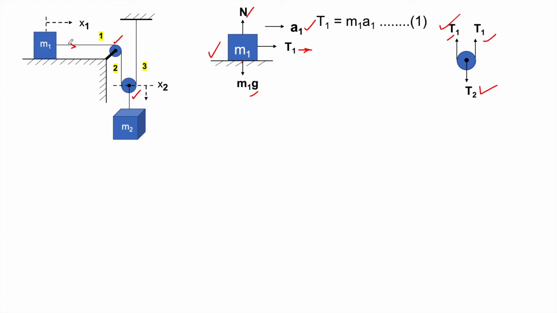Now as you can see, if the tension force is T1 on block of mass m1, then the tension across the ends of the rope is the same because the rope is massless. So tension across the fixed pulley is T1 and the tension across the movable pulley is also T1 because the pulley is massless.